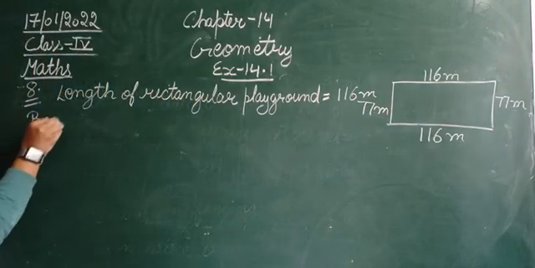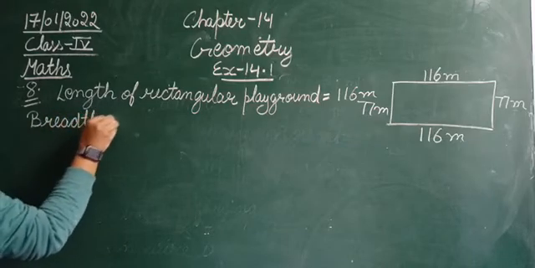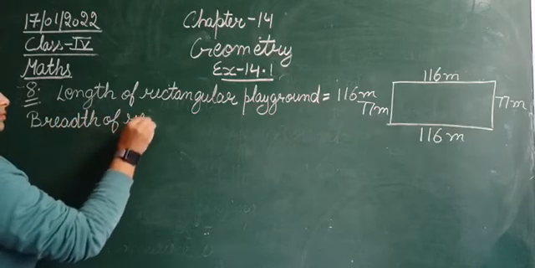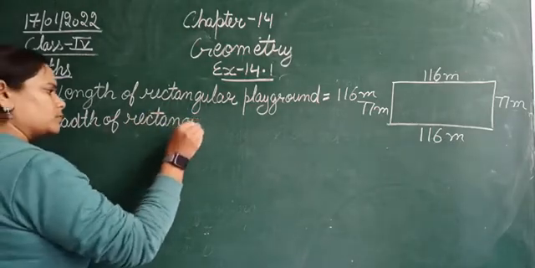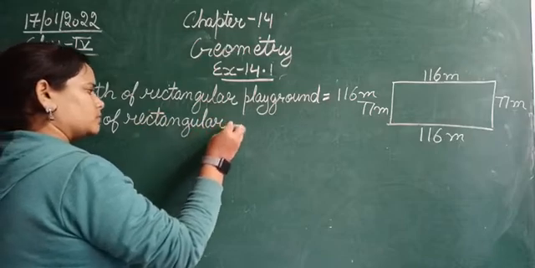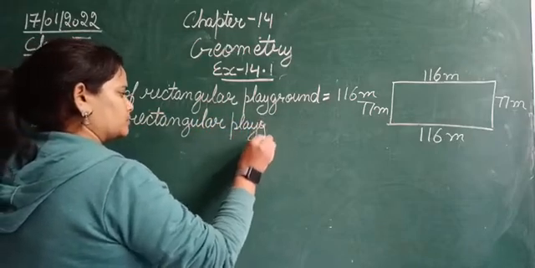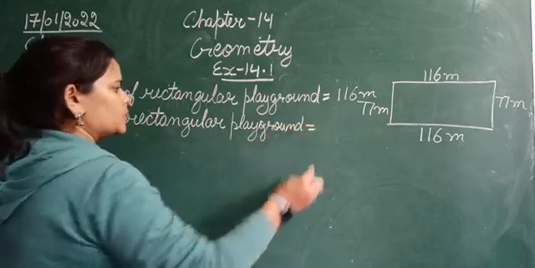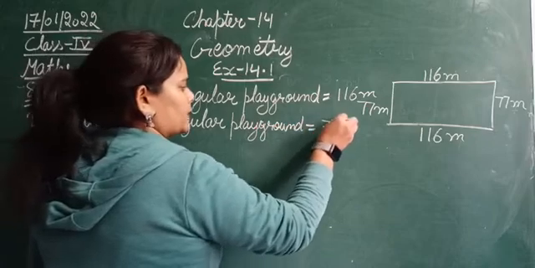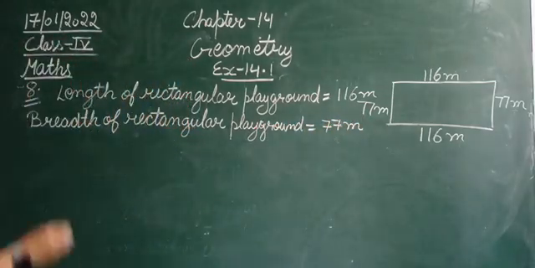Breadth of rectangular playground is equal to 77 meter. We need to find the perimeter.